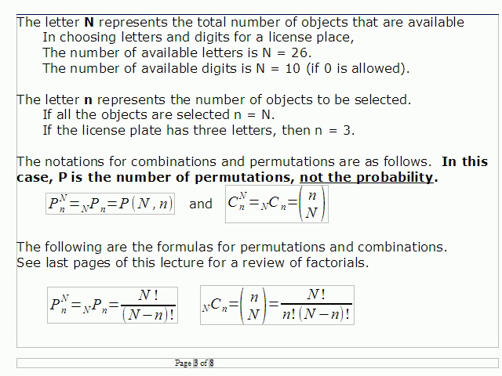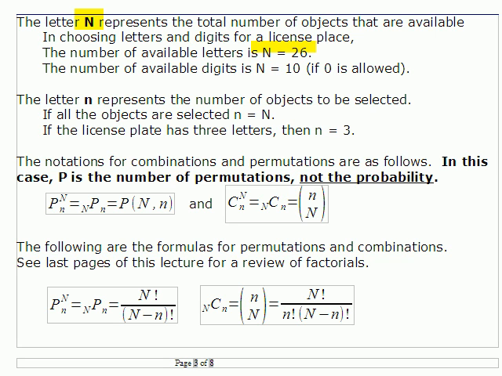There are several notations that are used to state permutations and combinations. The equations are all the same. So we're going to let big N, following Mendenhall, be the total number of objects that are available. Say you want to choose letters and digits for a license plate. The total number of letters available is 26.